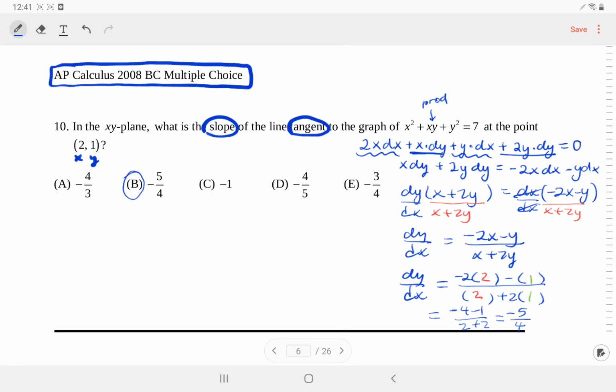Does it say anything about normal to the curve? Okay, remember normal is perpendicular. So let me just do a quick what if over here. First of all, what if it just wanted the equation of the tangent line?